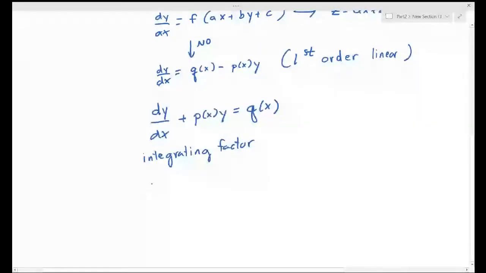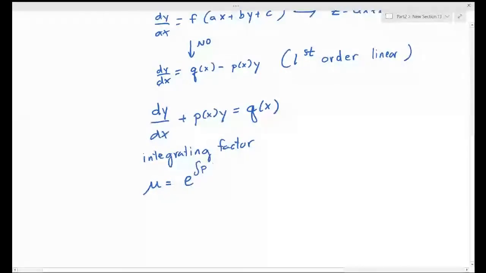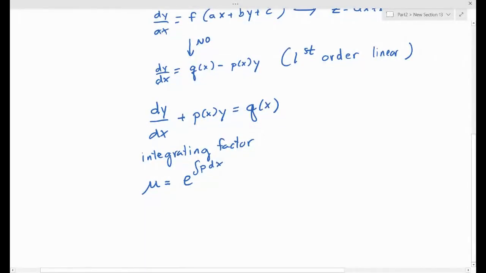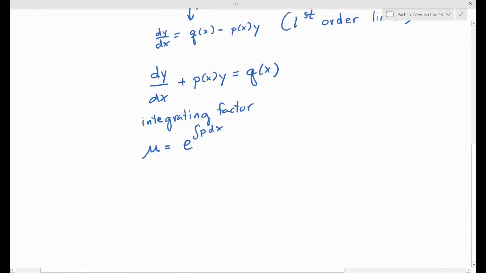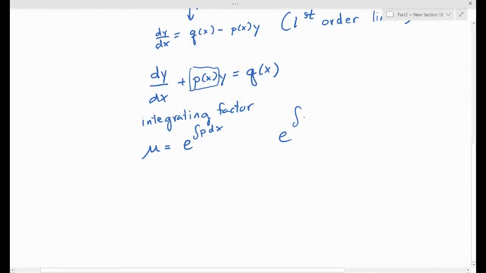I'll use mu as the symbol for the integrating factor. And I'll just give it to you for now. We'll see why this works. So the integrating factor is a function of x, and it's defined to be e raised to the antiderivative of the function of x that multiplies y.